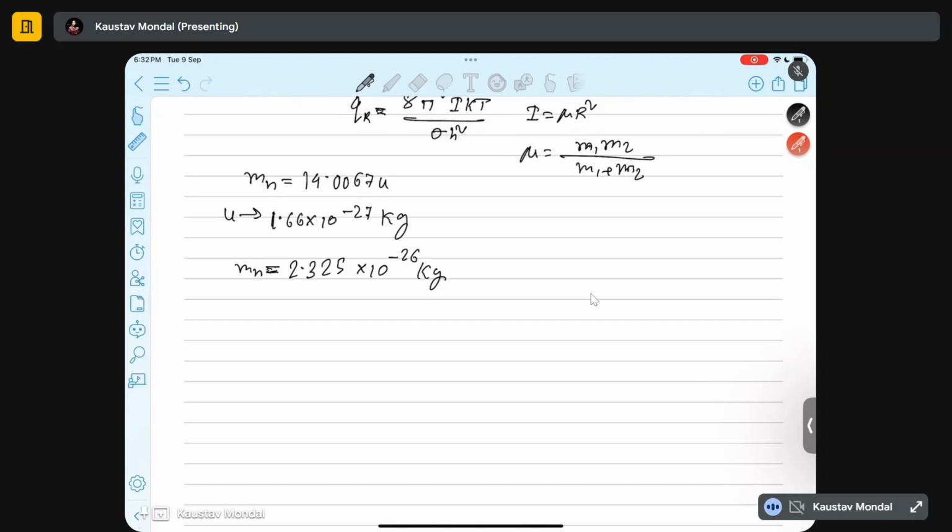Okay, this will be the mass of nitrogen. Now, after getting the mass of nitrogen, you can easily calculate the reduced mass, which will be equal to mN square, as both masses are equal, by 2mN, which gives mN by 2.